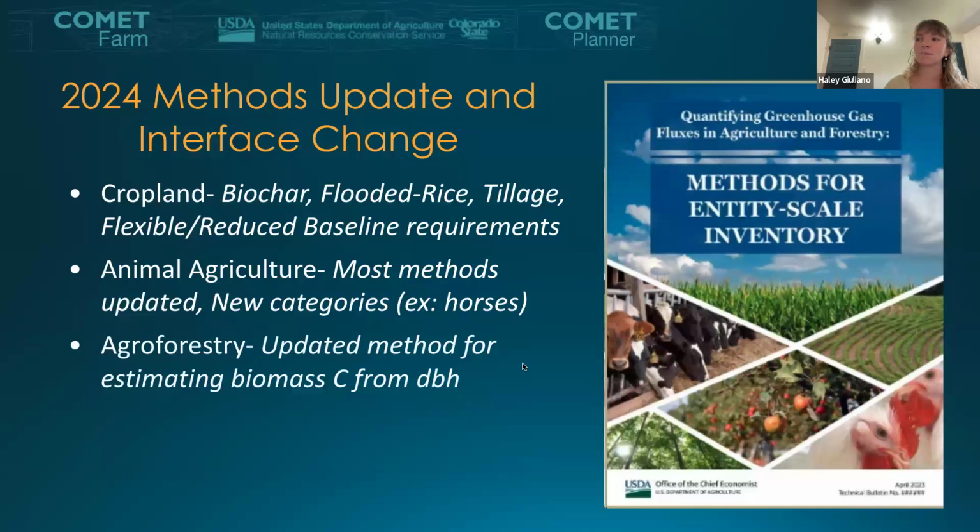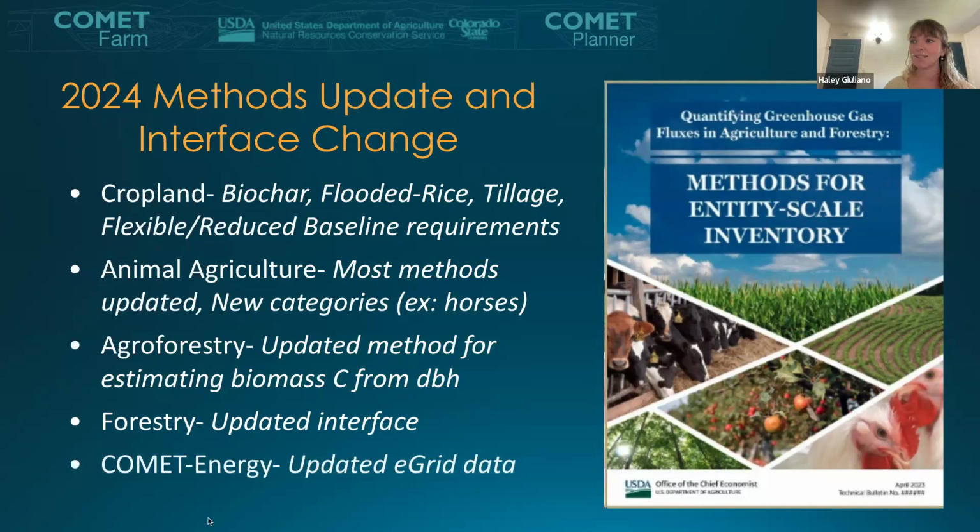We're going to see some updated agroforestry methods for biomass carbon estimates, and this will be reflected in COMET-Planner as well, coming soon. For forestry, I don't believe there are updates to the actual methods, but you will see an updated interface along with everything else. And COMET-Energy will also see an update: the underlying eGRID dataset will be implemented as well.